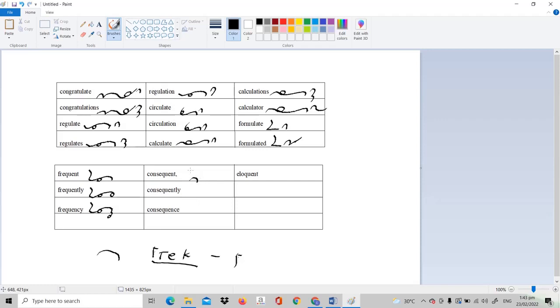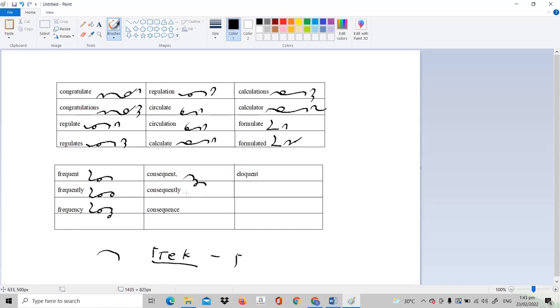Next, consequent. So, we have... wait. For consequent, wrong yung nandyan sa module ninyo. You have consequent. So, consec lang siya.